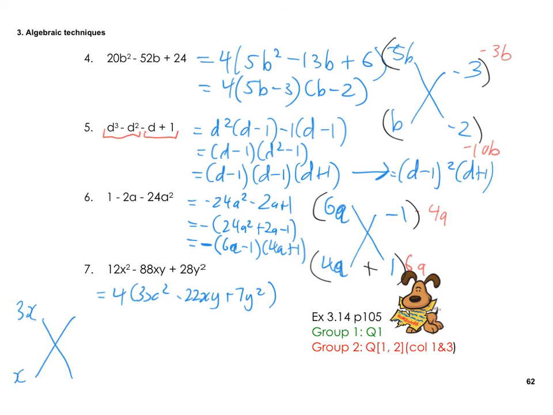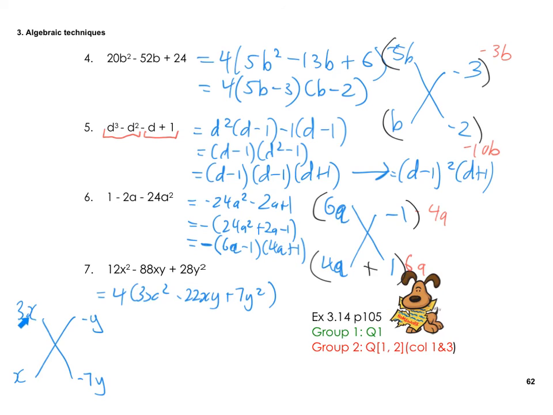Now this is minus, this is minus, this is plus, which would mean that these are both minus to make this plus. Now 7y squared, we could make it minus 7y and minus y and see what happens.